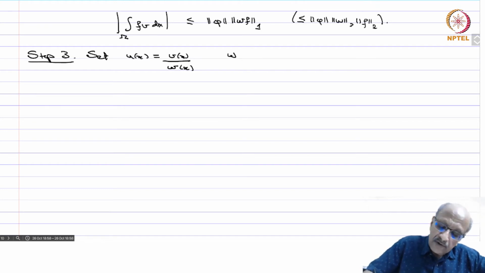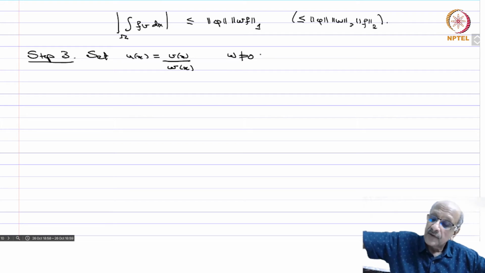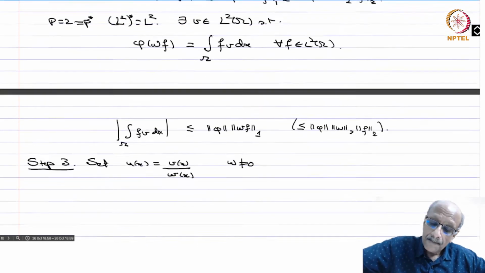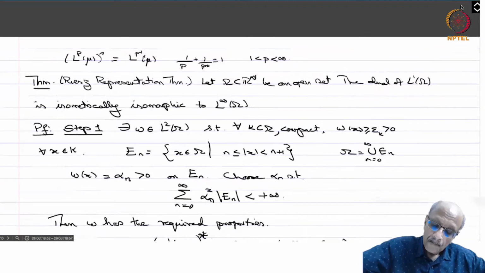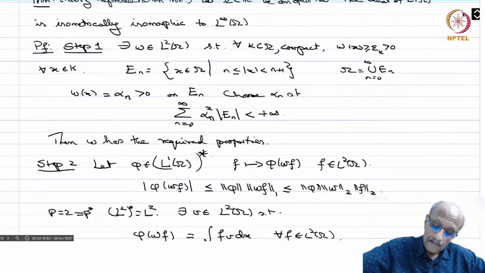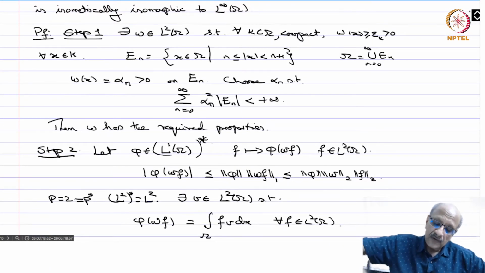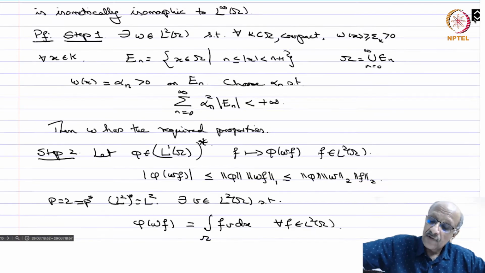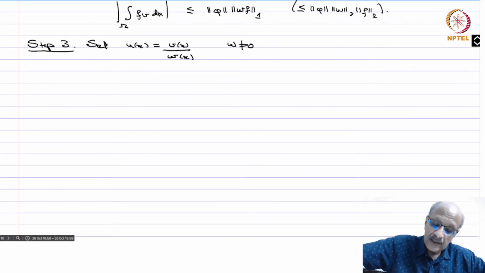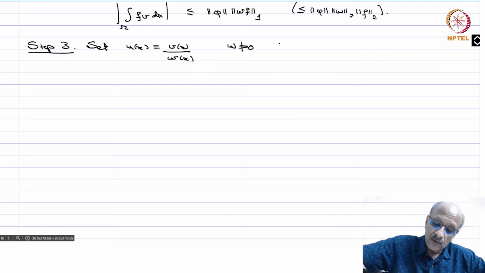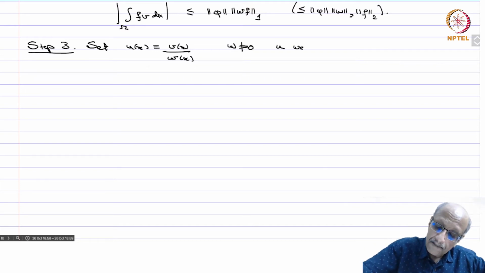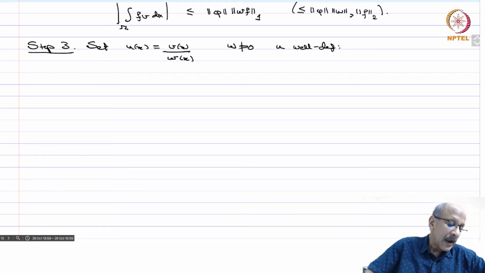W is never 0, that is one of the conditions we saw in the first step: W(x) is strictly positive in every E_n, and therefore W(x) never vanishes. Therefore this is well defined. So u is well defined and measurable.